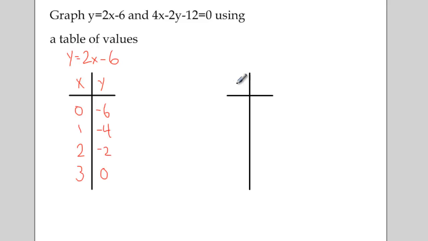Let's do the same thing for the standard form equation. So I'll take my standard form equation, 4x minus 2y minus 12 equals 0, and now I plug 0 in for x.